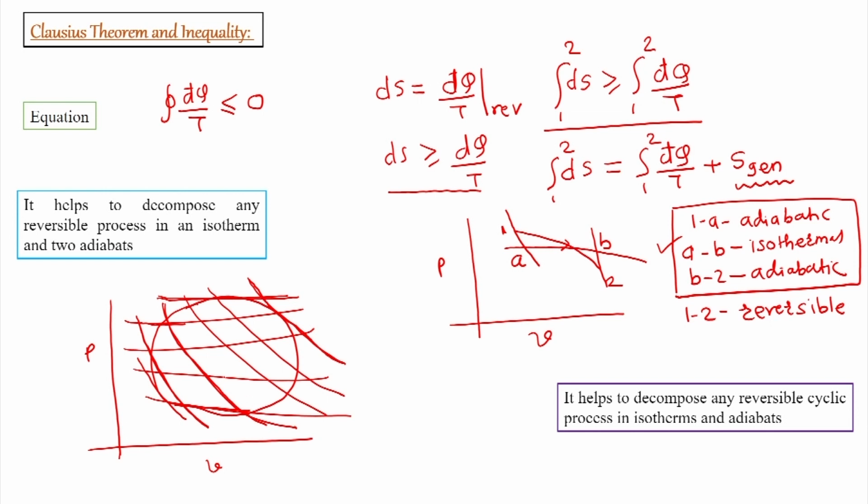So, this becomes, if I number A, B, C and D. So, we got A, B, C, D as one patch, then we will have other patch here and then we will have other patch here. So, like that we can decompose the complete cycle into multiple isotherms and multiple adiabats.